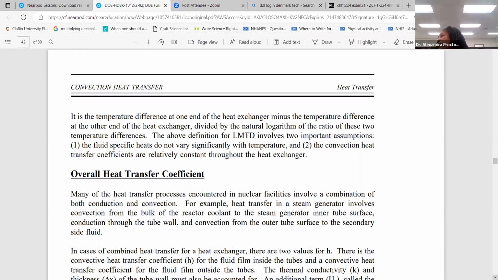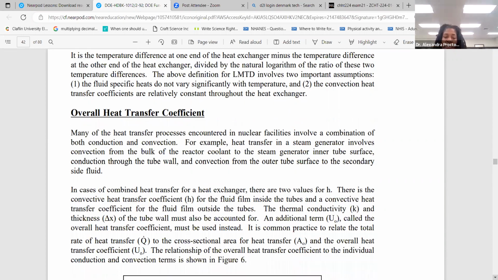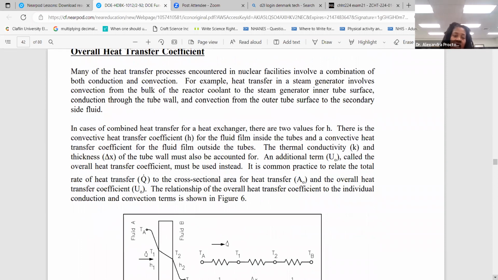For example, heat transfer in the steam generator involves convection from the bulk of the reactor coolant to the steam generator inner tube surface, and conduction through the tube wall, and then convection from the outer tube surface to the secondary side fluid. So in cases of combined heat transfer for a heat exchanger, there are two values for H.